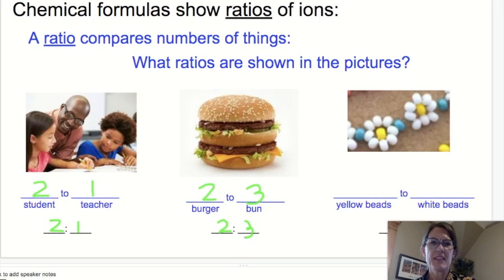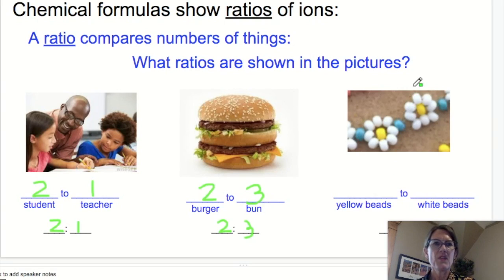And you might have seen this kind of notation in math class before. For art, there's some connections with ratios, like with beading. If you were trying to figure out how many beads do I need to buy or count out for my pattern here, the yellow beads to the white beads looks like 1 yellow bead to 8 white beads.